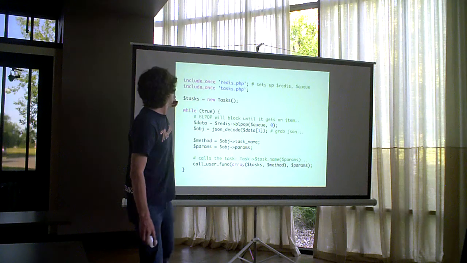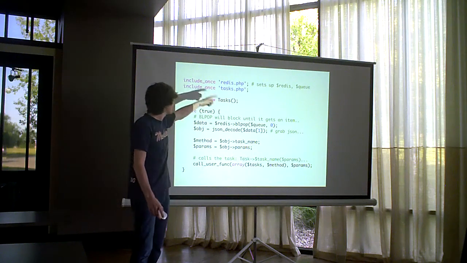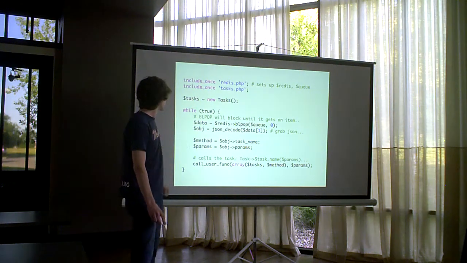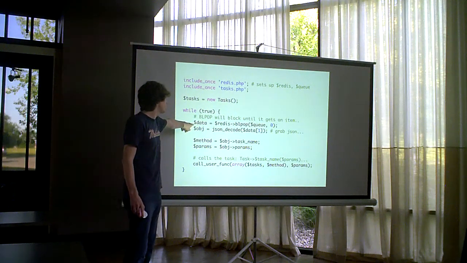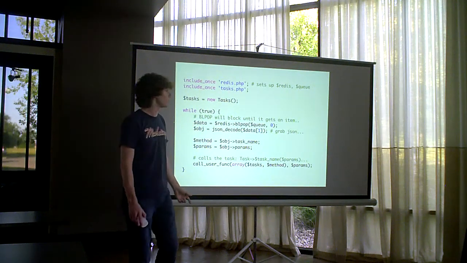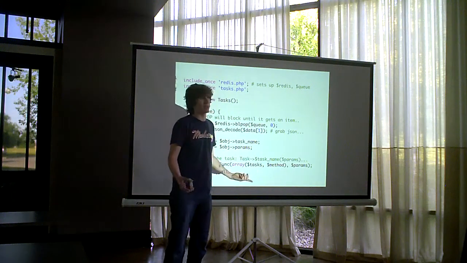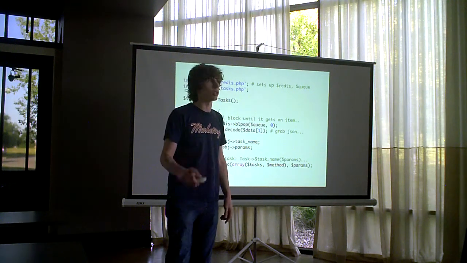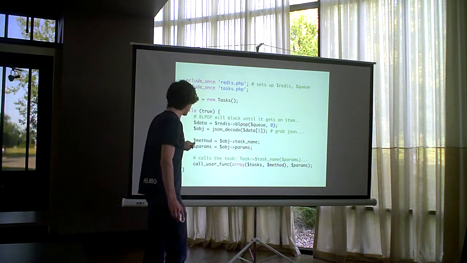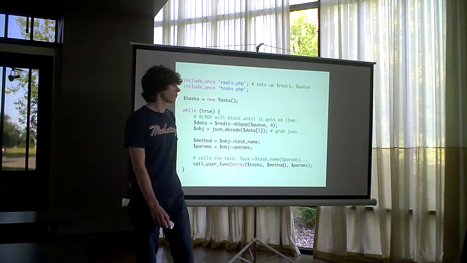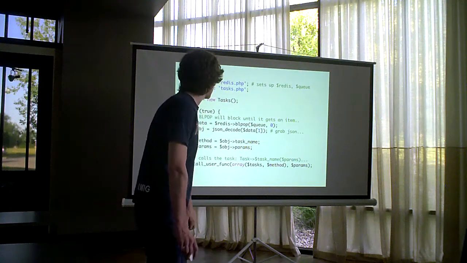You see, I bring this stuff in, and of course I'm setting up Redis, and I have my tasks class up there. Initialize it, while true. Here's the bit that's actually going to grab the data from Redis. And in queue, I have just the name of the queue. It's a string. I think I called it PHQ or something. It's going to grab that from the queue. It's going to decode it and give us the object back.